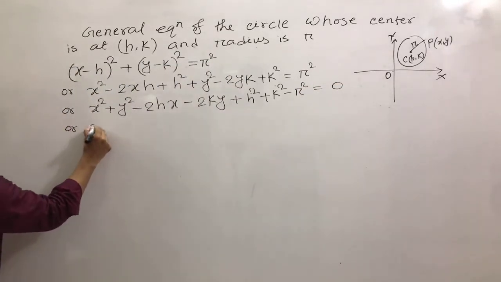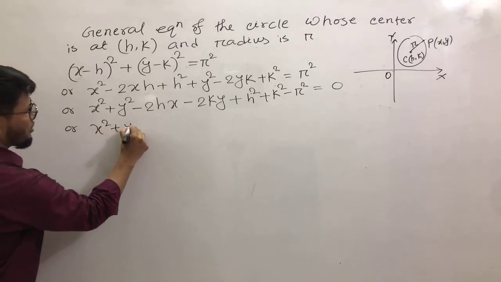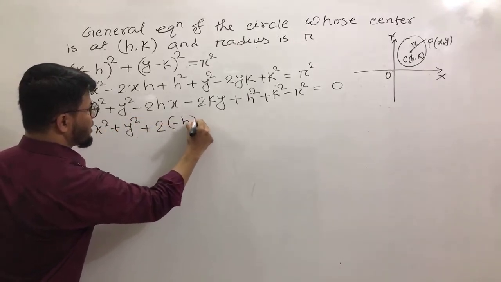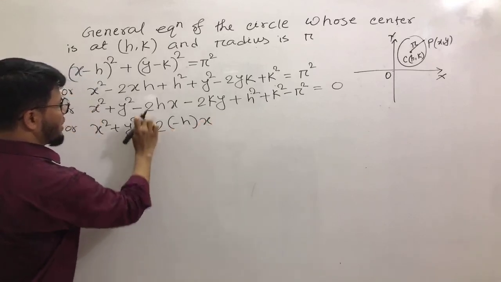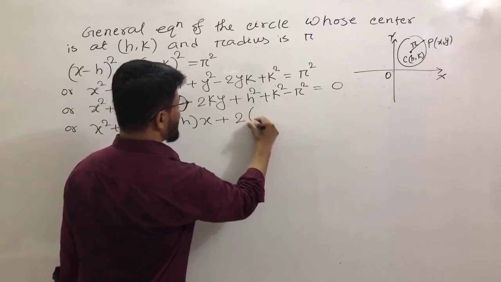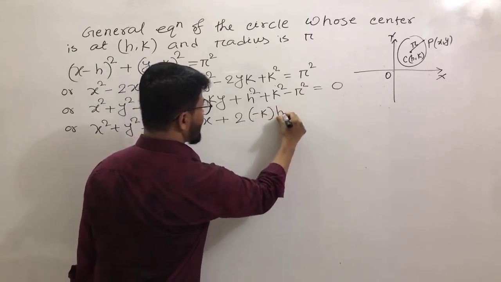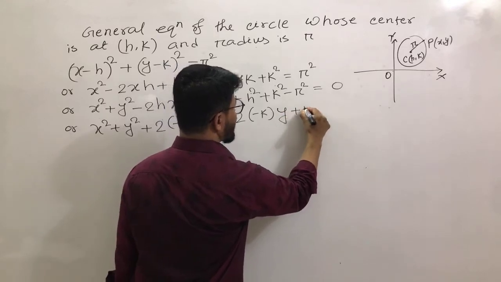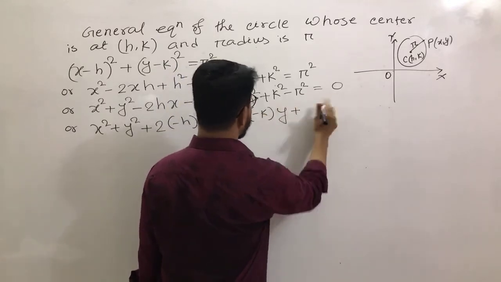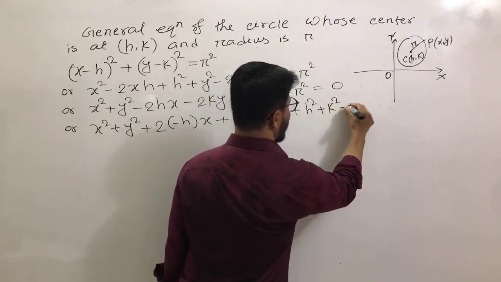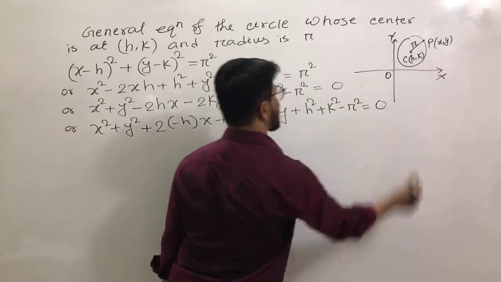Now x square plus y square plus 2 times minus h times x, and now plus 2 times minus k times y, and plus h square plus k square minus r square equals 0.